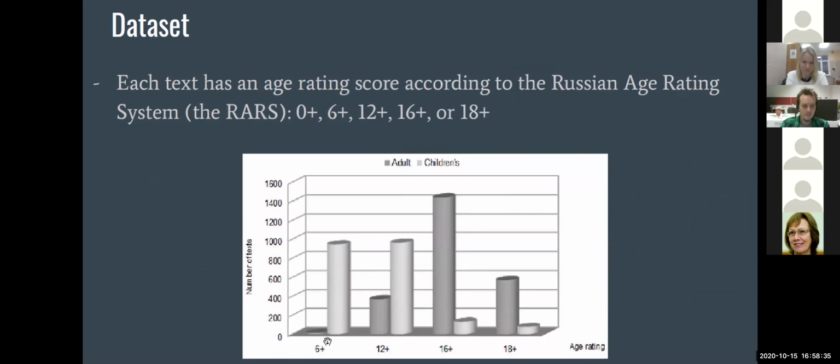These are 6 plus, 12 plus, 16 plus, and 18 plus. 6 plus means that the book is okay for children over the age of 6, and 12 plus is for children over the age of 12, and so on. An interesting fact is that some children's books can be 18 plus. For example, these are some romantic stories for girls. So we decided to save these age rating labels and try them as additional features in our study.